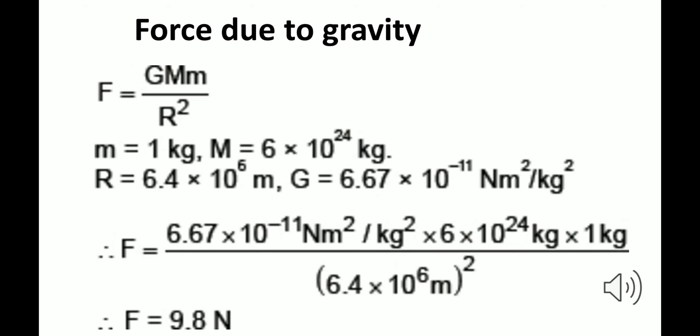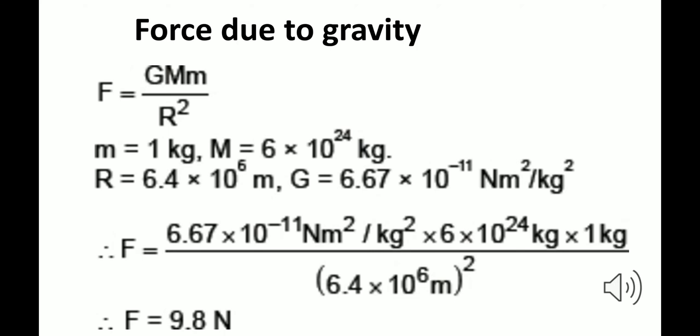The same force is applied by the object on the Earth, but Earth can pull the object towards its center, while the object cannot pull Earth towards itself because the mass of Earth is very, very big as compared to the mass of the object.